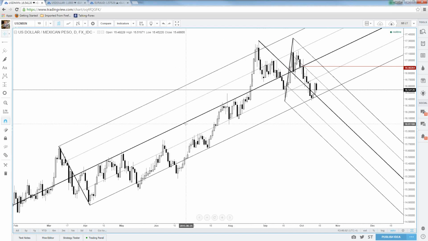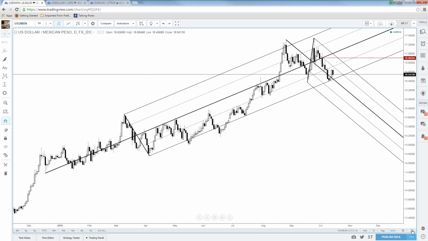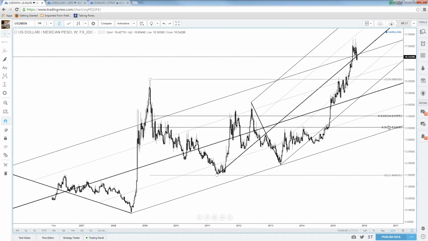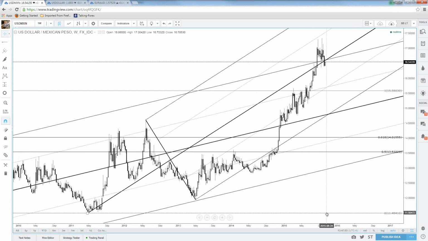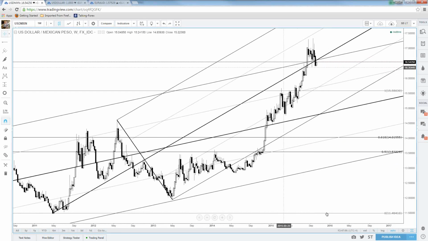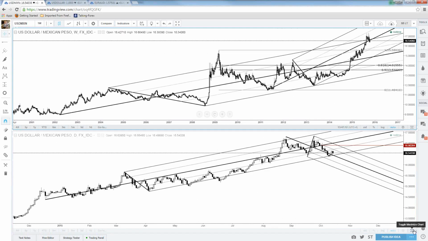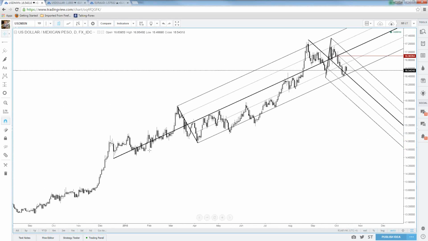All right. So here's the daily. You've seen that one. I'll show it again. Here's the weekly, kind of messy looking, but actually there's nothing to look at there. All right, so I'll concentrate on this one.